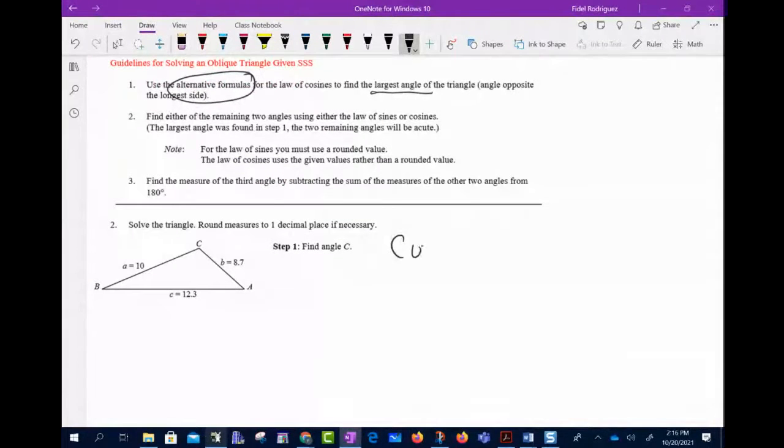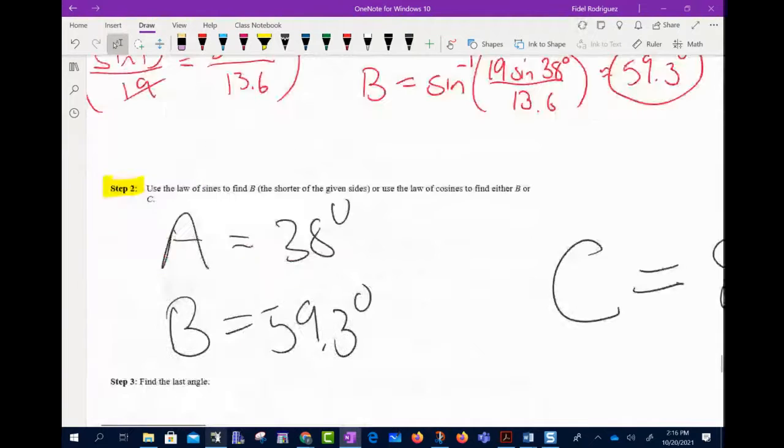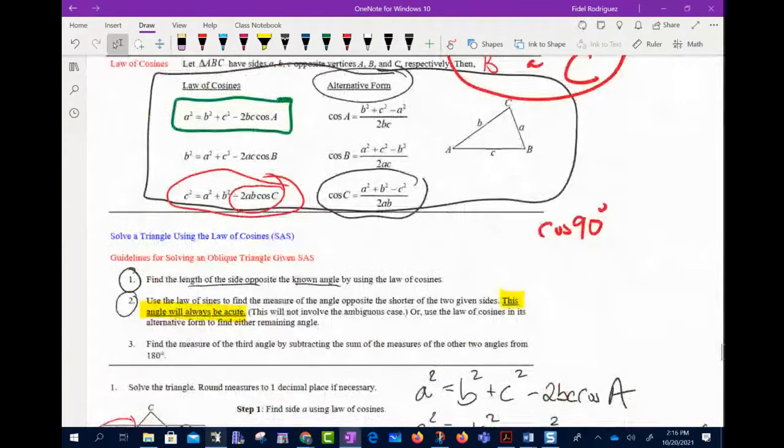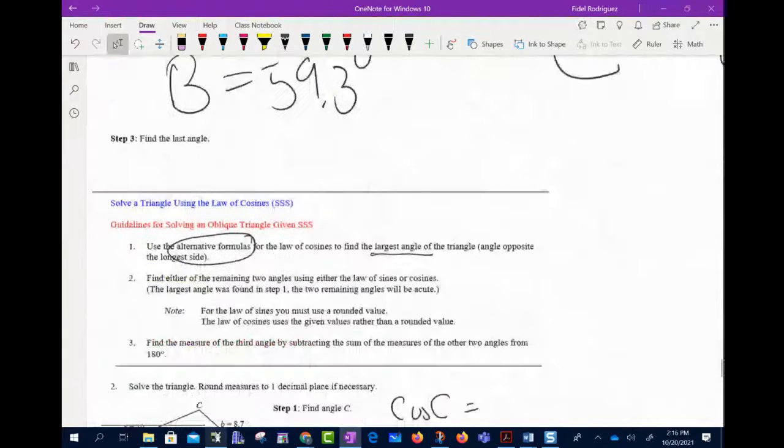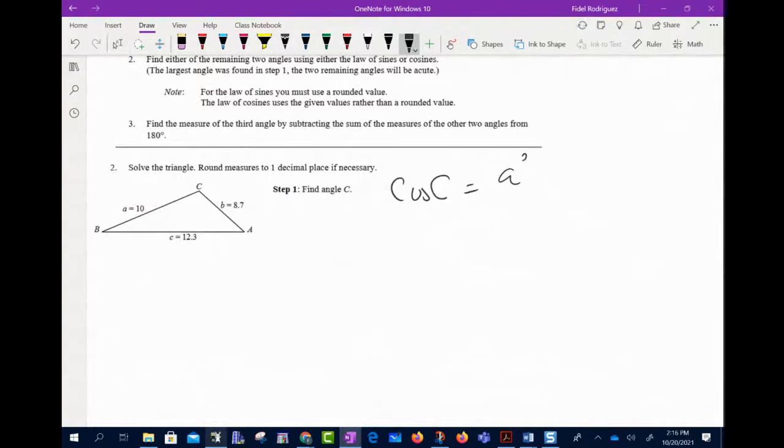Cosine of angle c equals, let me scroll back one more time just to double check. A squared plus b squared minus c squared all over 2ab.